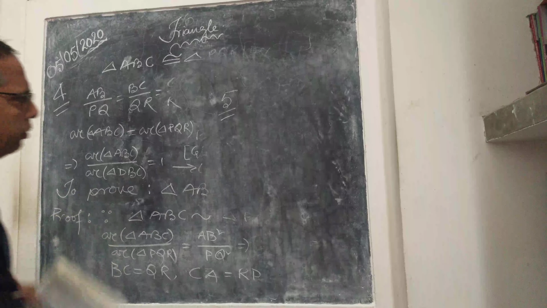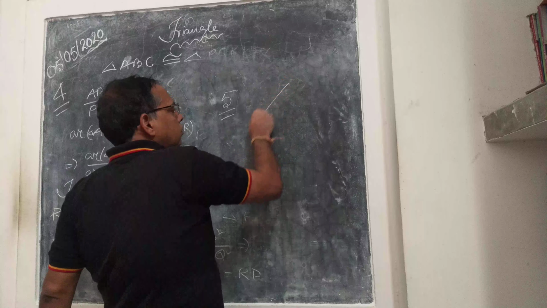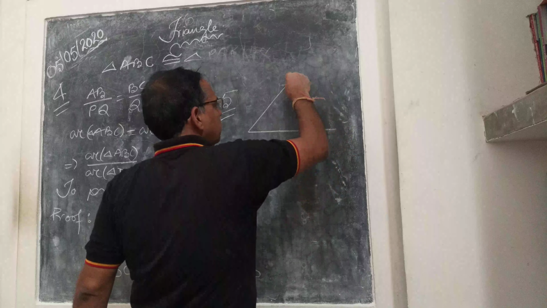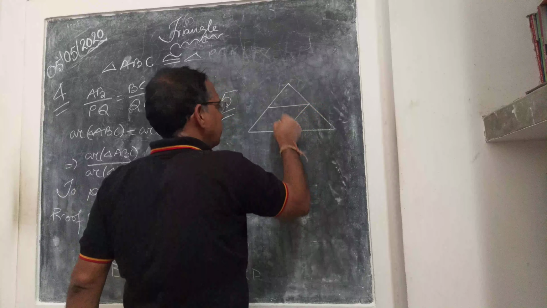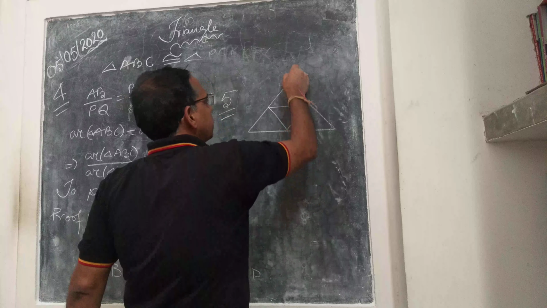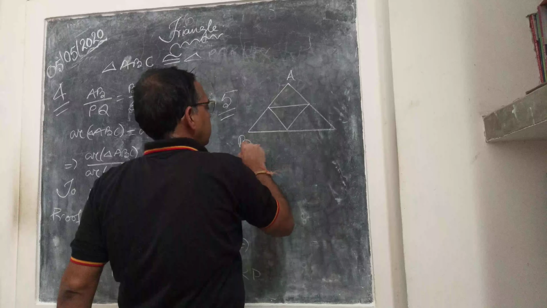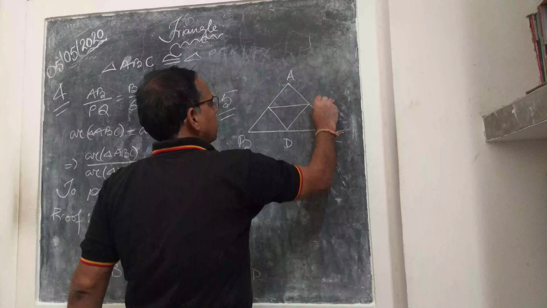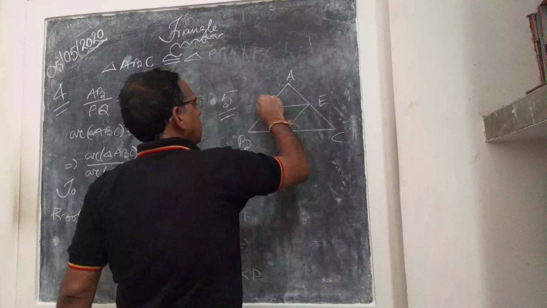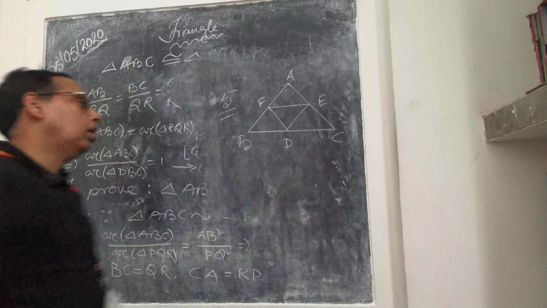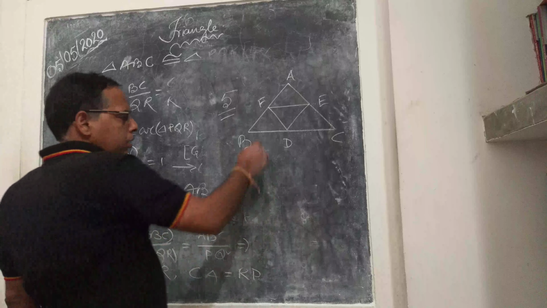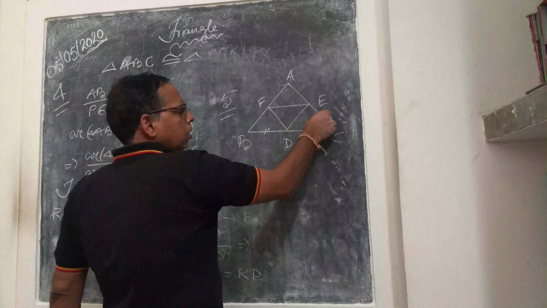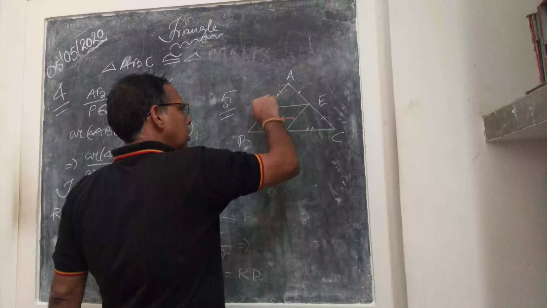Find the ratio of the triangles. See, these are the midpoints, that means this equals this equals this.